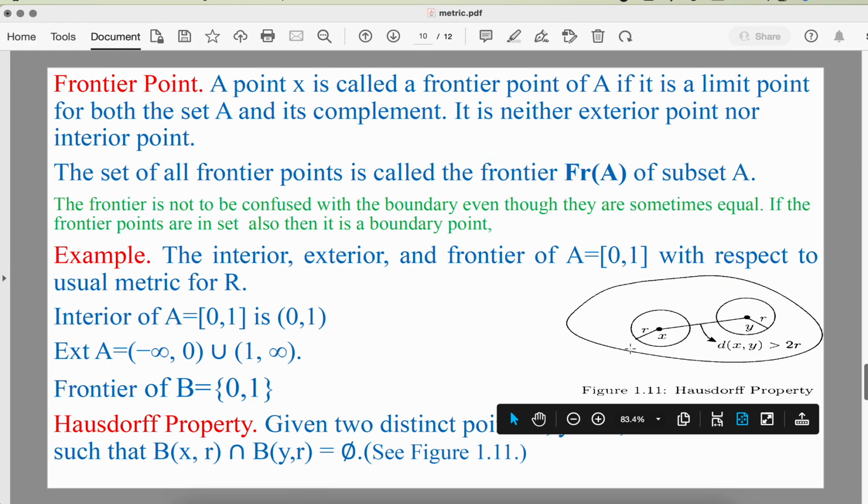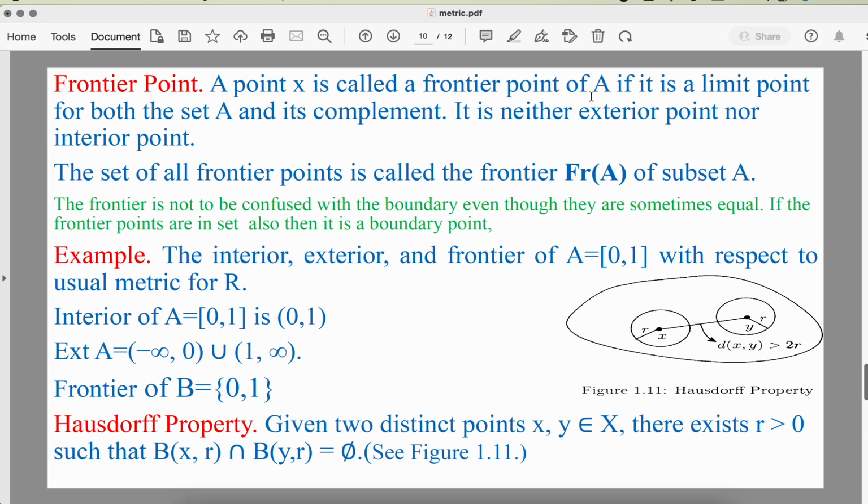Now frontier point. A point X is called a frontier point of A if it is a limit point of both the set A and its complement. It is neither an exterior point nor an interior point. The set of all the frontier points is denoted like this.